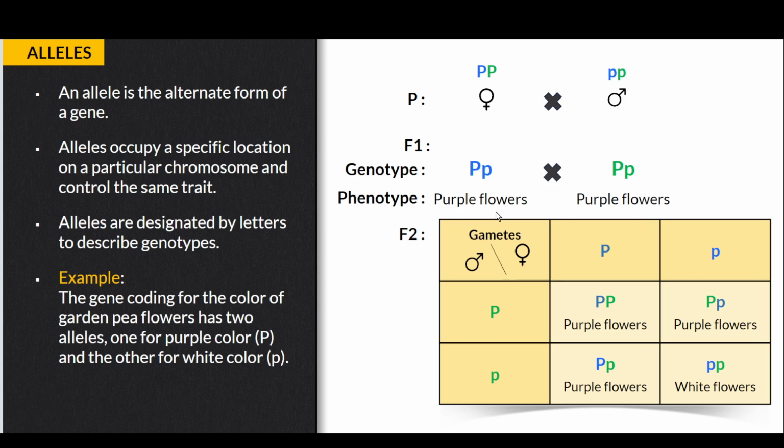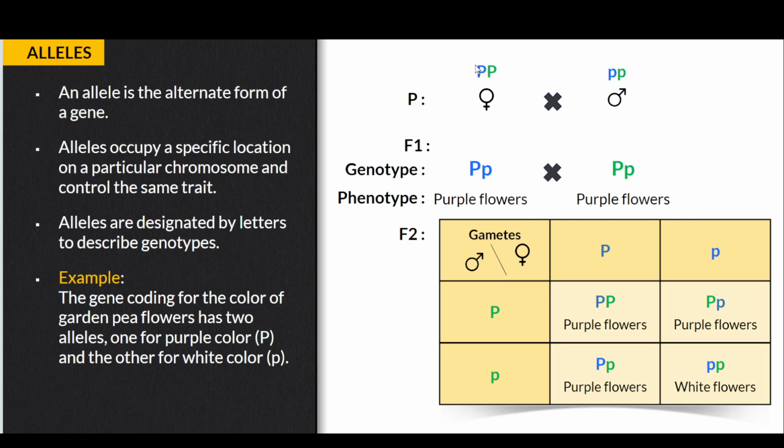We'll talk about what genotype and phenotype are. Phenotype is physical appearance; it can be shape or color. When we talk about genotype, we can't see it. Genes are related to genotype. So, an example of coding: the color of the garden pea flower has two alleles.